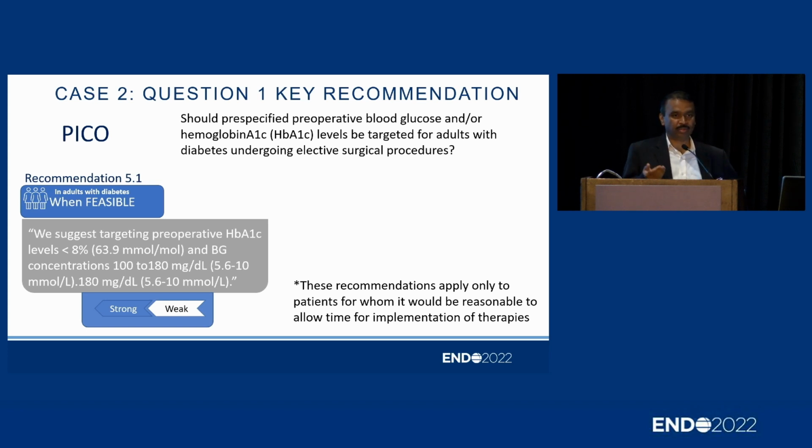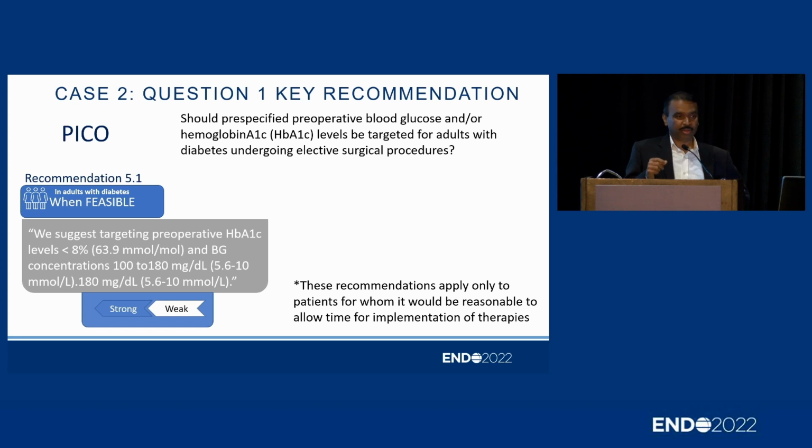Be it wound infection, wound dehiscence, length of stay, which is actually a surrogate for all the adverse effects of hyperglycemia. What we found was that there was a dose effect. That means if you categorize the A1Cs to less than 6.5, less than 7, greater than 8, you always saw a relationship suggesting there are some underlying causal mechanisms. Although it's correlational, nonetheless clinically we can apply first principles and say there are causal mechanisms.